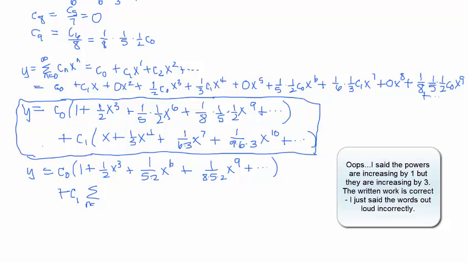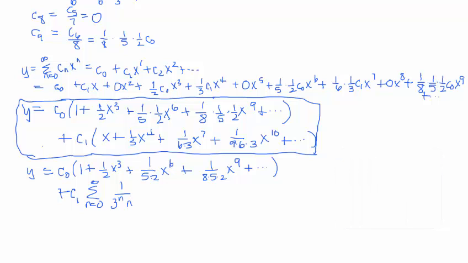So if I start this one at n equals 0 to infinity, and I let my denominator be 3 to the n times n factorial, and I let my power be x to the 3n plus 1, I think that will generate all the terms correctly.